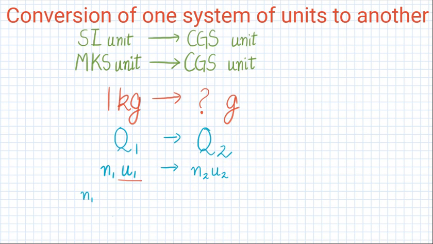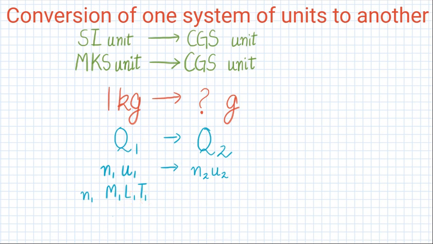If this is a unit, that means it should have dimensions. I already told you, whenever we write dimensions, we write in terms of M, L, and T, MLT. Since we are dealing with the first physical quantity, I have used the notation 1 here.